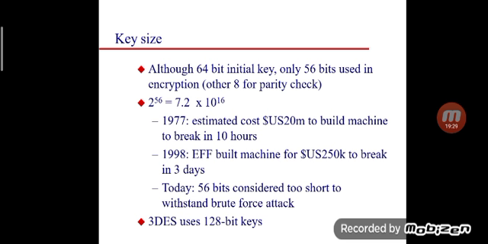If we discard the 8 bits, we can use 56 bits for the encryption. If we use the formula 2 raised to n, that is 2 raised to 56, that is equal to 7.2 into 10 raised to 16. So that is the size of that particular key.